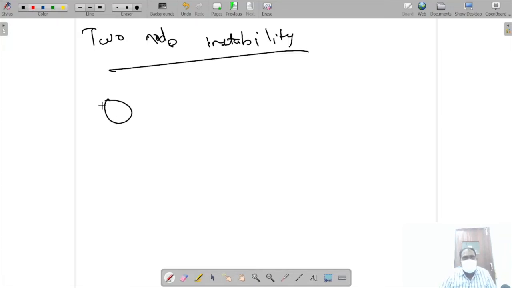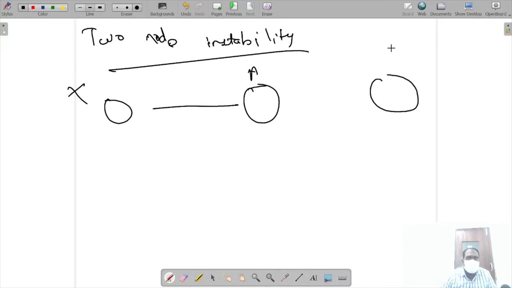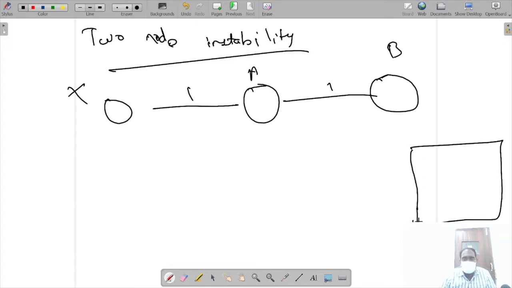Let's say there is an X, it is connected to A, and A is connected to B. Each with a cost of 1. Now B has its routing table which says I can reach A at a cost of 1 and the next hop is A. I can reach B myself at a cost of 0 and there is no next hop.